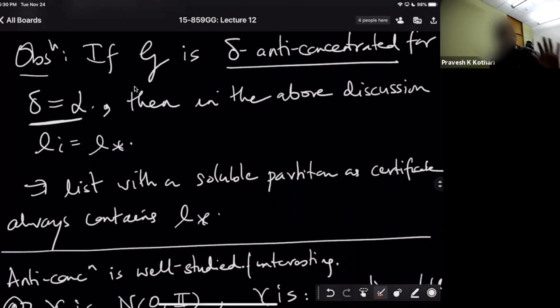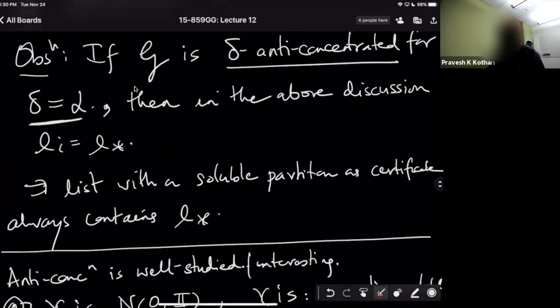We proved that, imagine that G is delta anti-concentrated for delta equals alpha. Okay. Then we said, imagine that the prover gives us a soluble partition as a certificate of correctness for the list they are suggesting is a good list. Then I claim that we did establish that one of the Li's must be equal to L star.